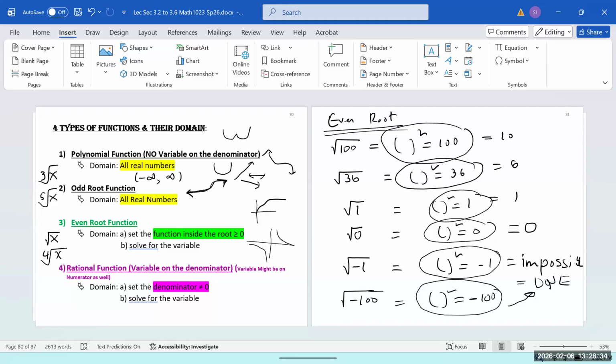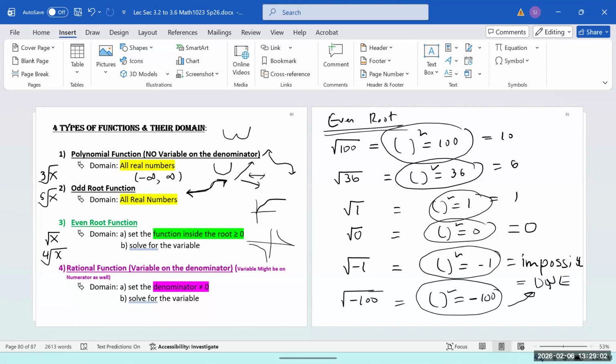Outside the radical, we don't care. We care about the inside. The inside cannot have any negative. We can have 0, we can have positive, but negative, impossible. So you take whatever we have inside the radical, set it bigger than or equal to 0, and then solve for x. So that is our first type of problem.